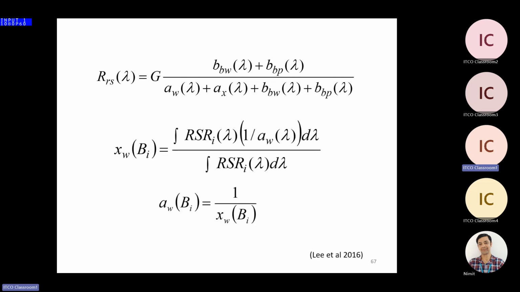So a correct way, we think, is that because Rrs is an inverse function of a water, we have to do the inverse of a water first, plug in the response function, get the band average inverse value, then invert this back. That gives us the band average a water for this bandwidth effect.